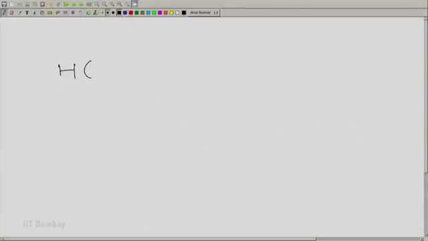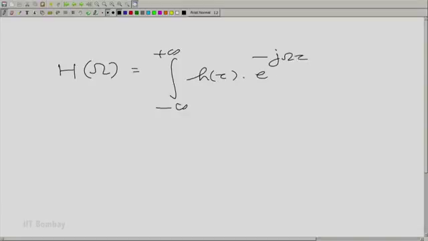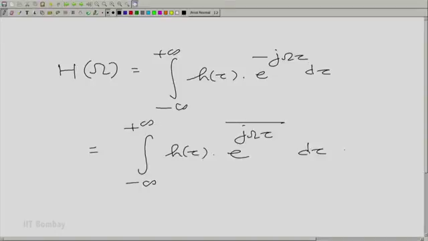So, we have capital H of omega is minus to plus infinity integrated h(tau) e raised to the power minus j omega tau d tau, which we can also write as minus to plus infinity h(tau) multiplied by the complex conjugate of e raised to the power j omega tau integrated over all tau.